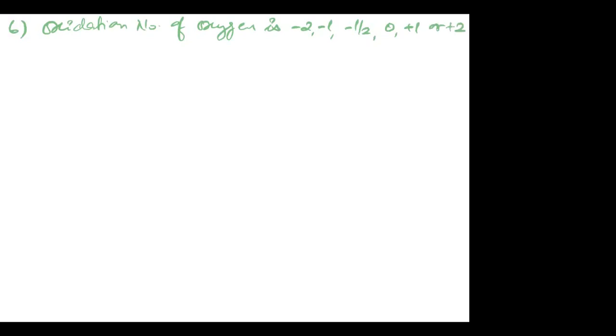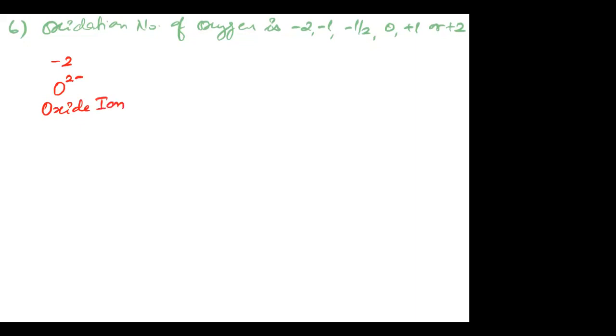So oxygen can have different types of oxidation numbers, including -2, -1, -1/2, 0, +1, and +2. Whenever oxygen has -2 oxidation number, it is represented as O2-, and this ion is known as the oxide ion.